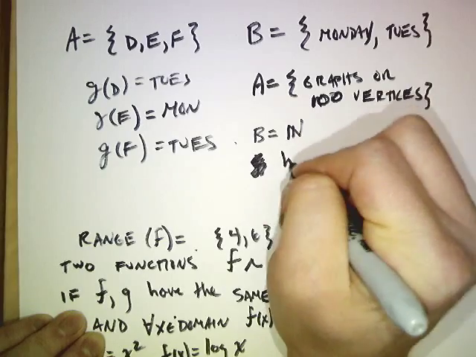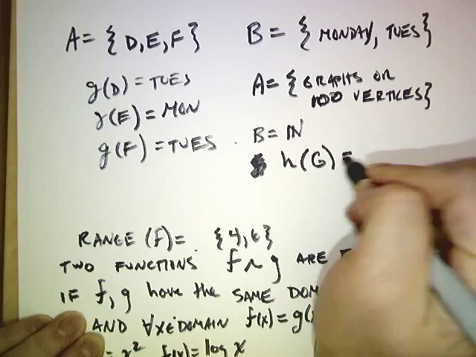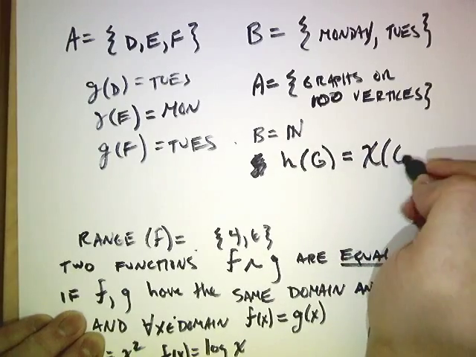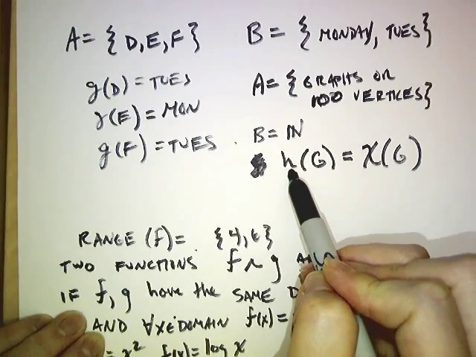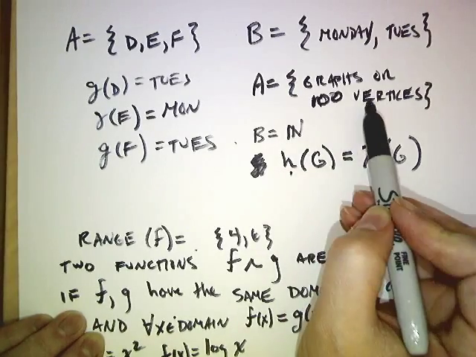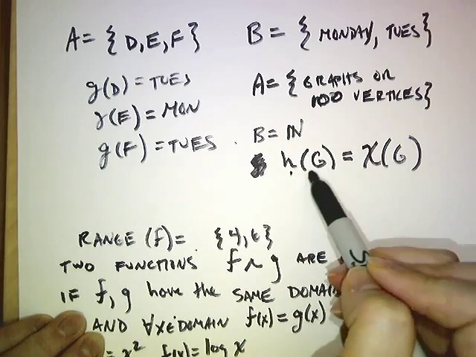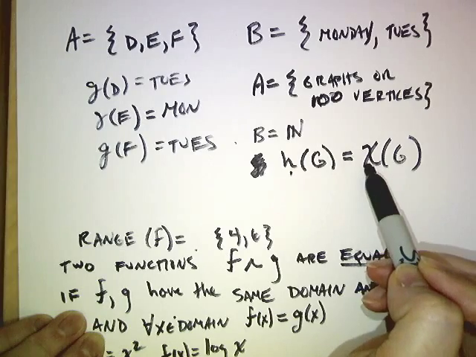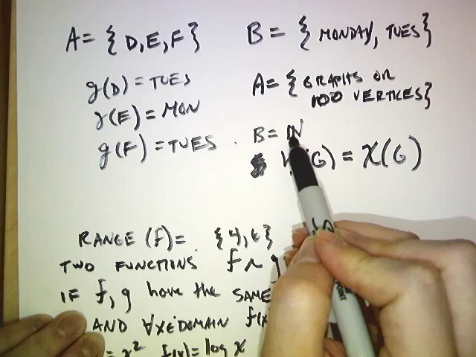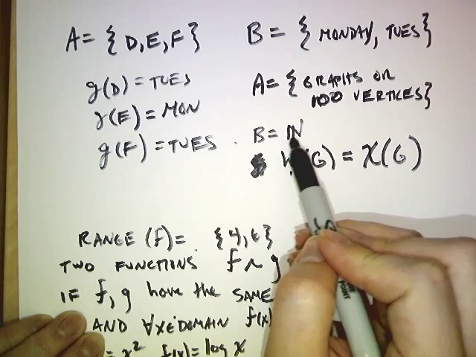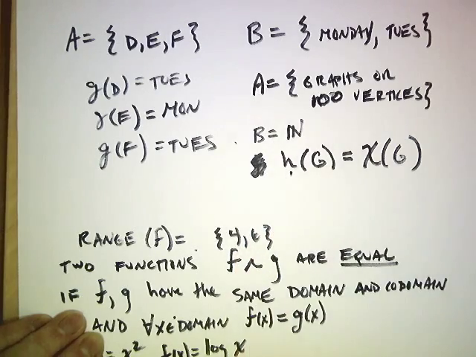We could let H be a function that takes in an element of A, so it takes in a graph, and it outputs the chromatic number of the graph. So here we have a function H. It's taking in some graph on 100 vertices, G, and the assignment that H gives to G is the chromatic number of that particular graph, which is going to be an integer. In fact, it's going to be a natural number. So it's mapping from the set A to the set B.